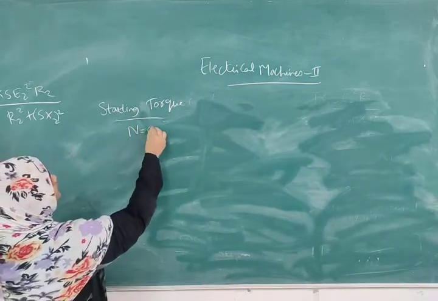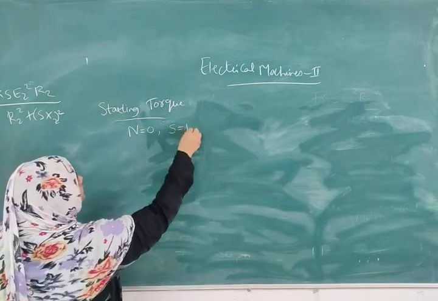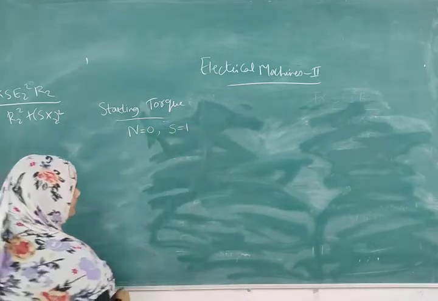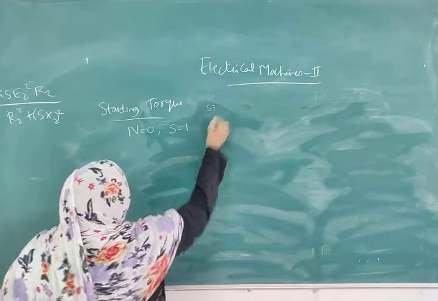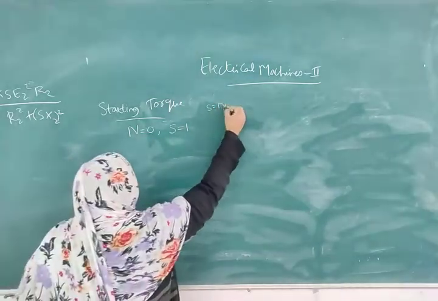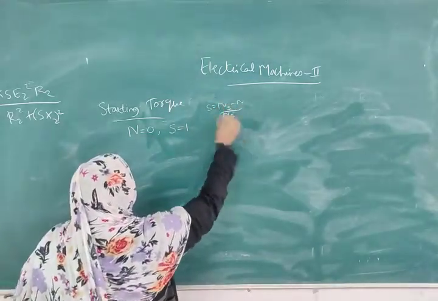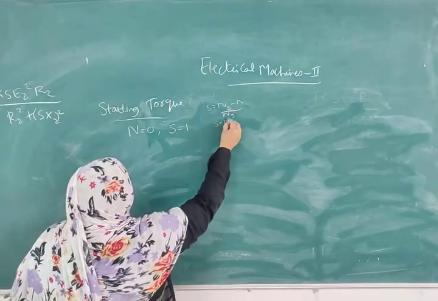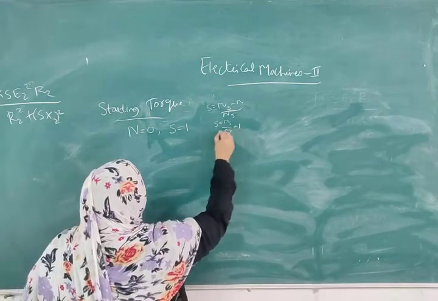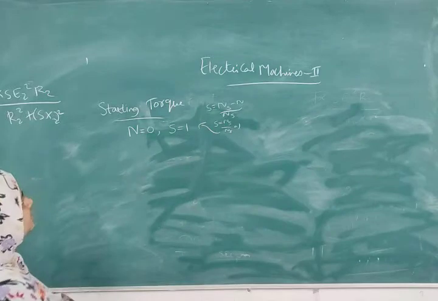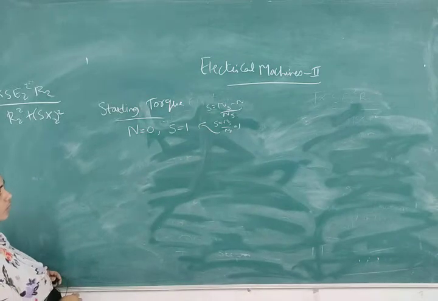In the starting, speed is equal to 0, so at that time slip will be equal to 1, because when you substitute n equal to 0 in the equation S is equal to Ns minus n by Ns, we get S is equal to Ns by Ns, that is equal to 1. So in the starting, speed is 0 and slip is equal to 1.